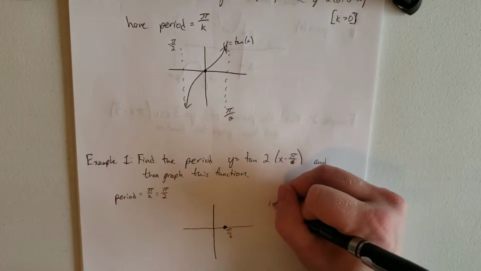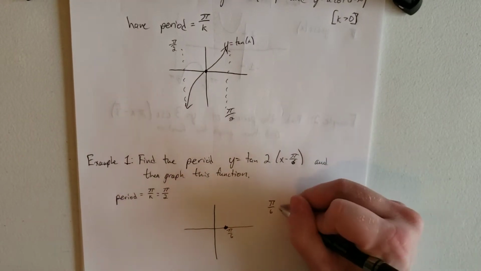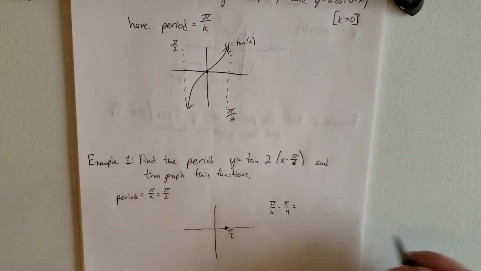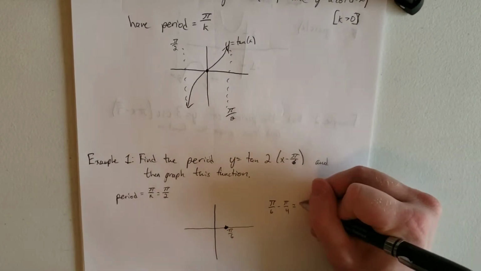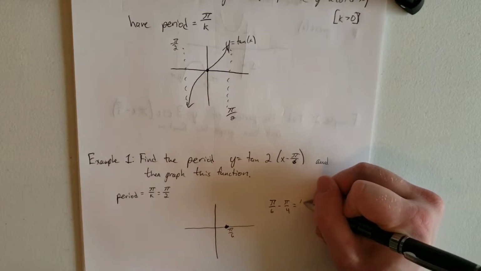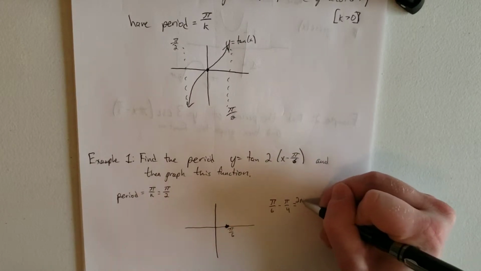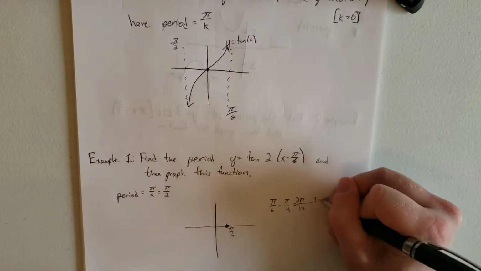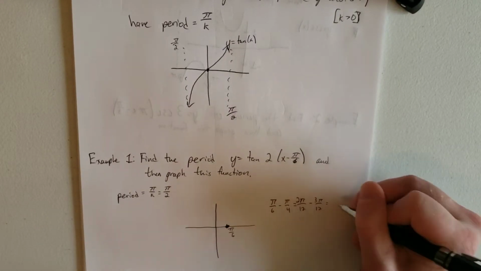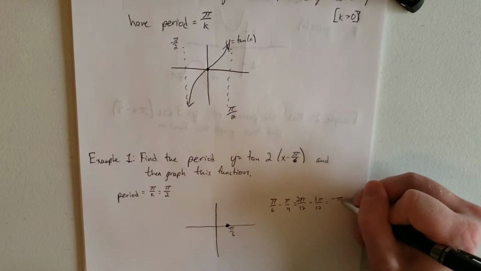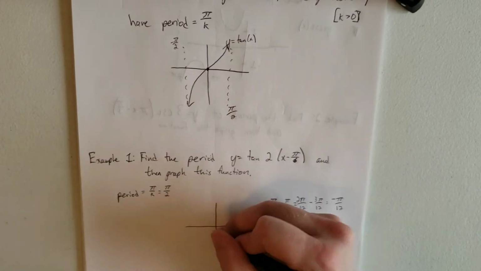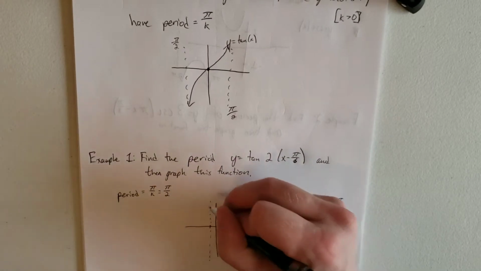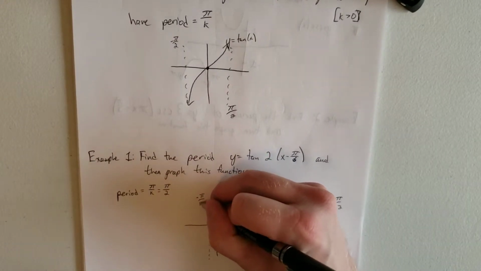So to find out where that's actually plotted at, we'll do pi over 6 minus pi over 4. To subtract these, this would be 2 pi over 12 minus 3 pi over 12, which is equal to negative pi over 12. So our vertical asymptote is at negative pi over 12.